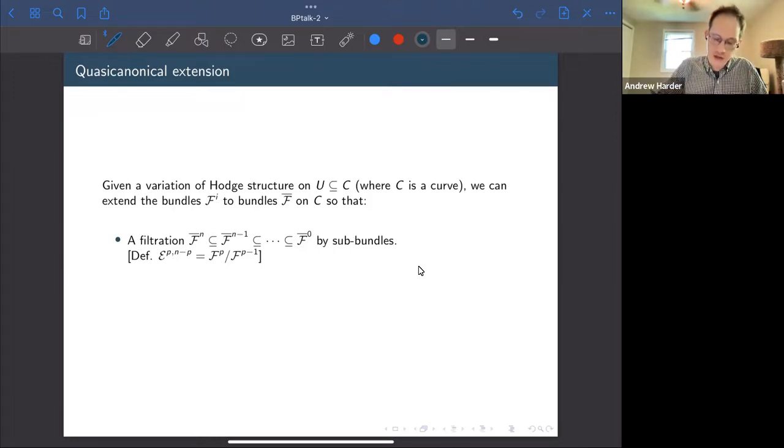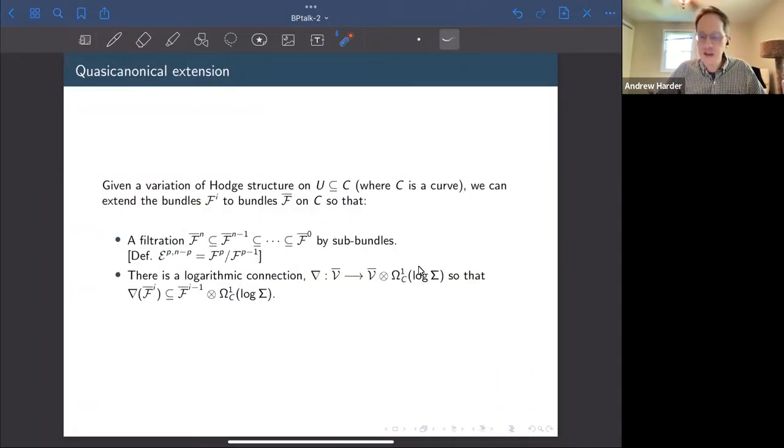Given a variation of Hodge structure on some open subset in a curve C, we can always extend the line bundles, or vector bundles, sorry, in a variation of Hodge structure to vector bundles on C in a nice way. First of all, we want these to extend to a filtration, and that's going to happen. This is what we're guaranteed here. Then we define these Hodge bundles to be the quotient bundles of these extensions.